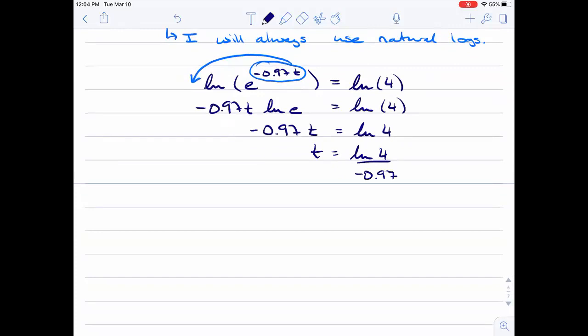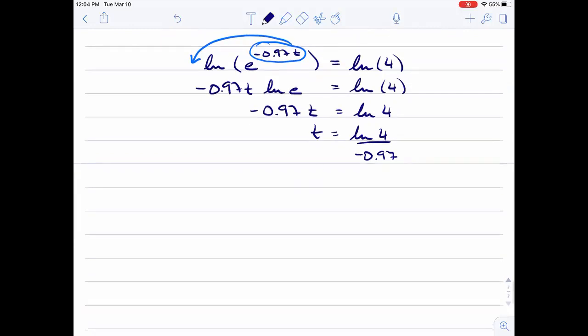Now in this case, it doesn't really make sense to have a negative t, but that's okay. The natural log of 4 divided by negative 0.97, t is roughly equal to negative 1.4291694444.